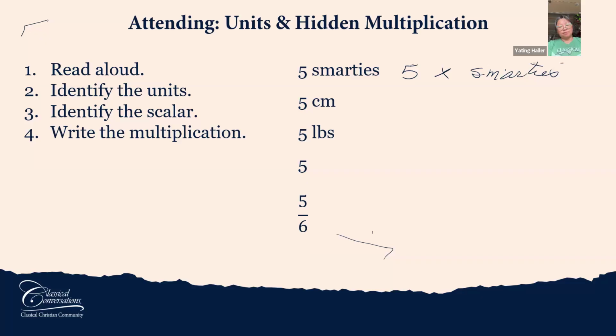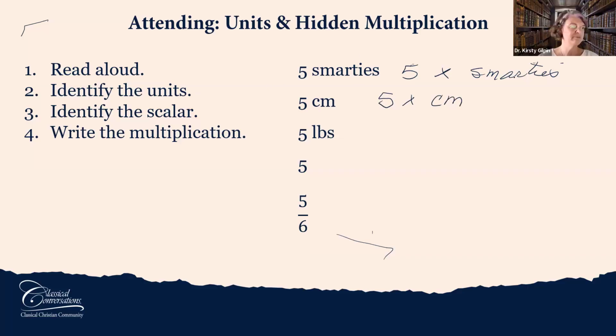How about 5 centimeters? The unit is centimeters, the scalar is 5, and it would be 5 times 1 cm. It would just be 5 times 1 Smartie, right? 5 times 1 centimeter. How about the next one?